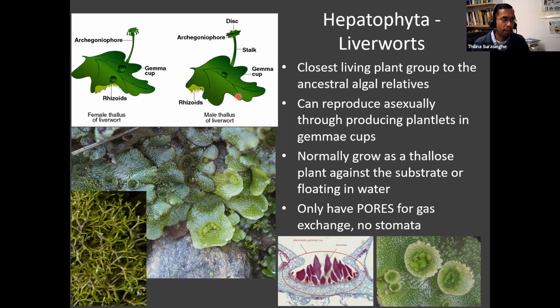The female reproductive units are called archegonia. Male reproductive units are called antheridia. And I will show you the spelling later on, right? So bottom line is that liverworts do not have male versus female plants, period, right?